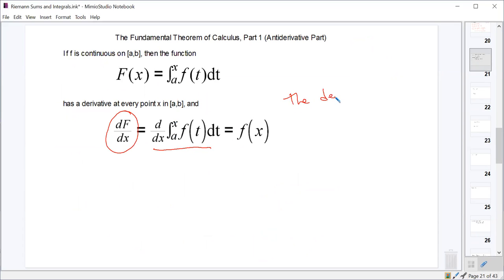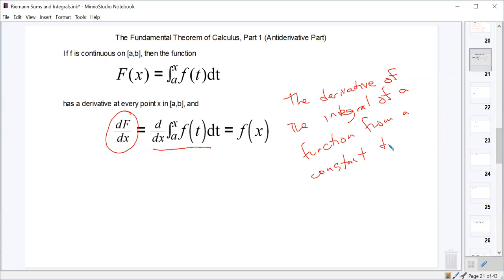The derivative of the integral of a function from a constant to x is just the function in terms of x.